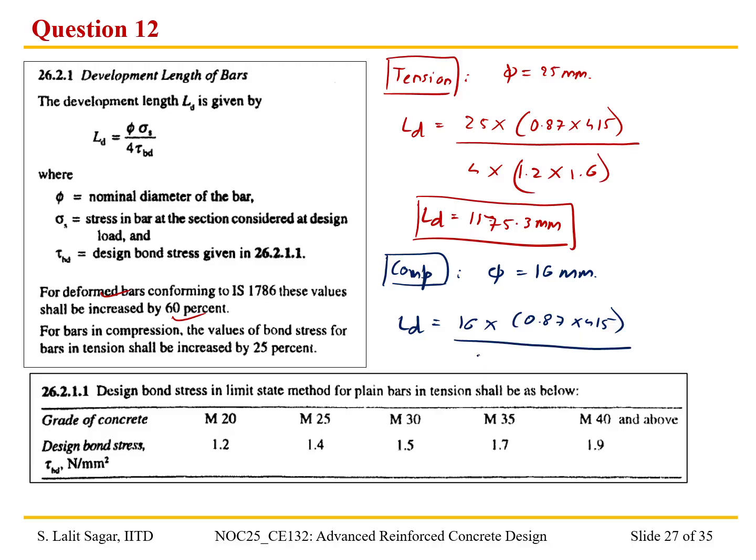So 4 into tau BD is the same, depending on the grade of concrete, M20, 1.2. Now there are two modification factors: increase by 60% for the deformed configuration, and increase by another 25% because the bar is in compression. I think it's simple, straightforward. So the value of LD that we get in compression is 601.75.